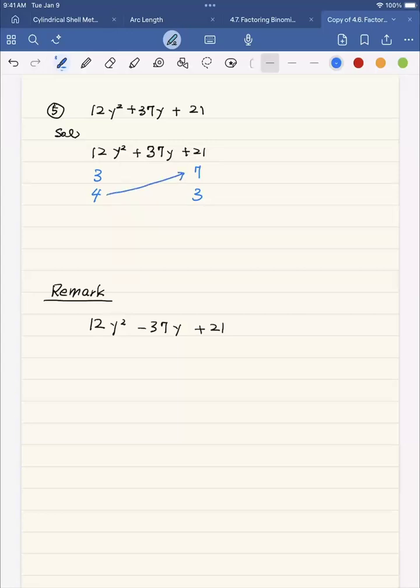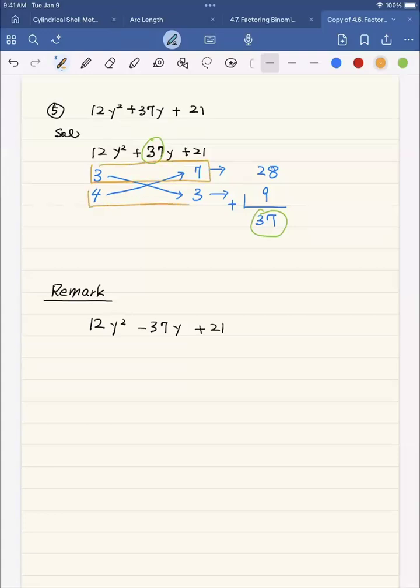Then we cross multiply. Then this one will be 9, and 4 times 7 will be 28. And when we add them up, we will get 37. So this number is the same as this number, so this is the right combination.